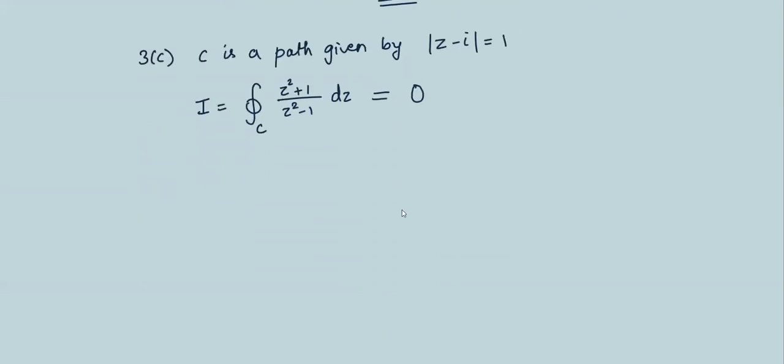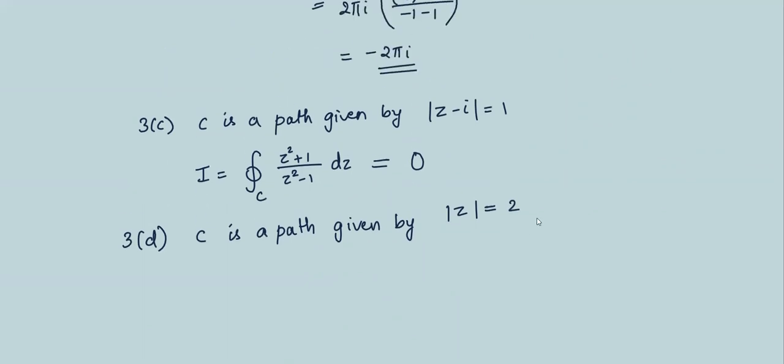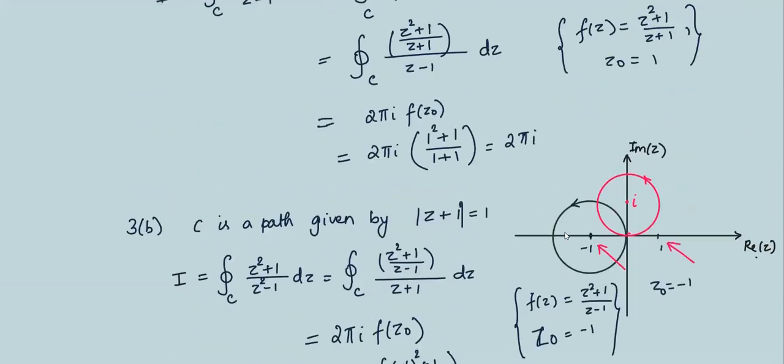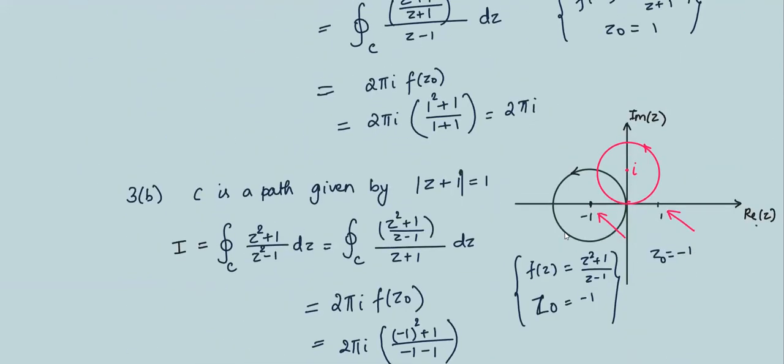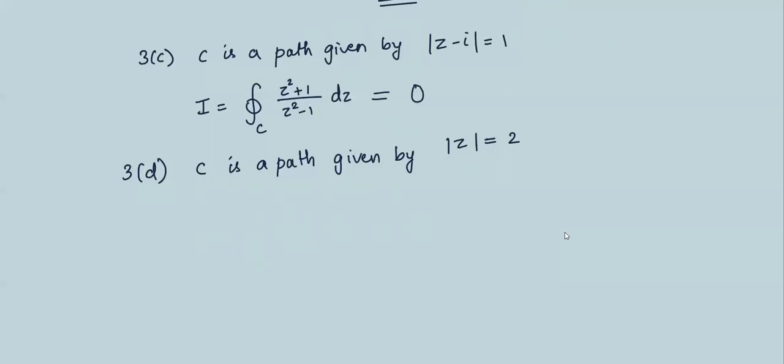Now I will add one more. C is a path given by mod z is equal to 2. If I do this, can any one of you tell me the answer? I'll give you 2 minutes. Think. Look at the figure and think.